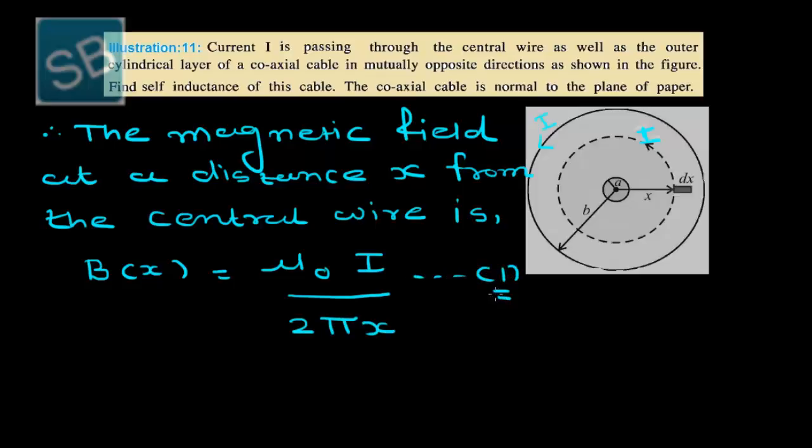So this is equation number 1. Now from this I can find out the magnetic flux only of this area.